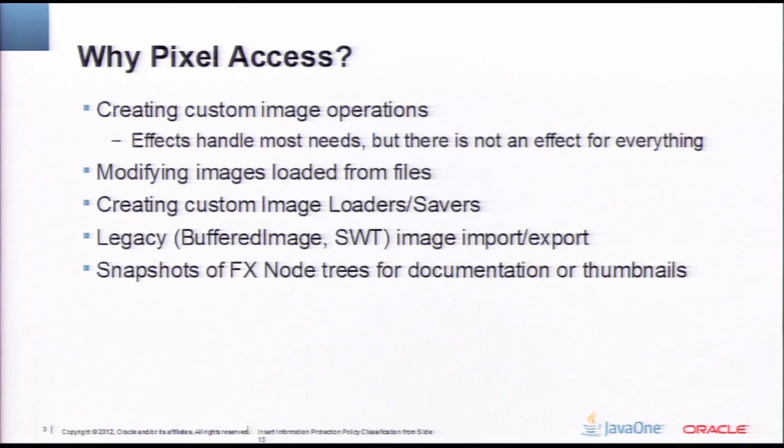So this will provide a pathway through which you can import such images. And finally, we've had hidden unsupported APIs for doing snapshots of nodes and scene graph trees. But along with this support, we created a public API for creating snapshots of trees and parts of trees.